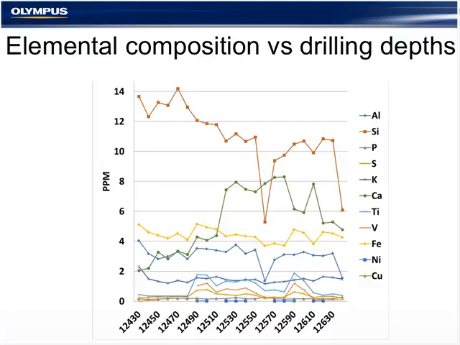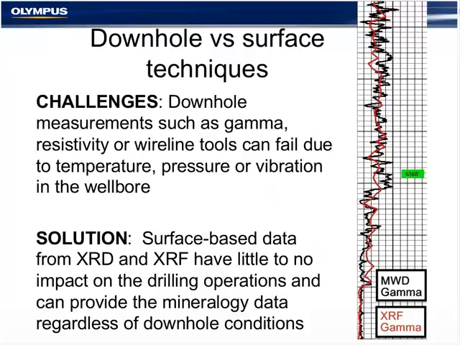This next slide shows how using your potassium and your uranium and your thorium measurements, you can extrapolate what I like to call a pseudo gamma, and it overlays and correlates very well with downhole tools. The direct measurement of XRD mineralogy and that elemental XRF from closely spaced cutting interval collection while drilling provides actually a higher quality and lower risk complement to wireline elemental capture tools.